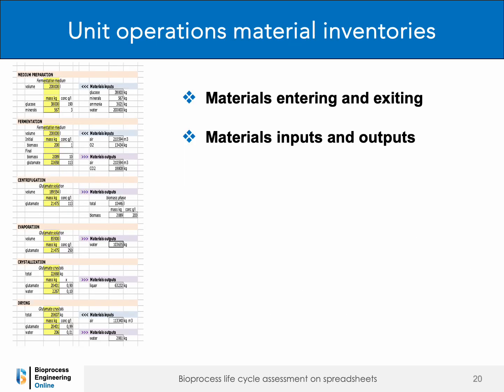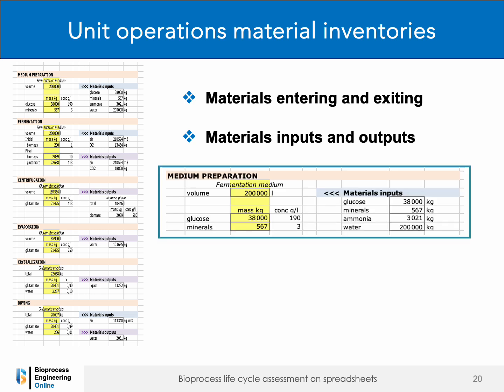The material inventory assesses the material balance for each bioprocess unit operation. This entails calculating the quantities of materials entering from the preceding operation and exiting for subsequent ones. Additionally, it evaluates the material inputs, such as raw materials or reactants, and outputs, including wastes and emissions, for each unit operation.